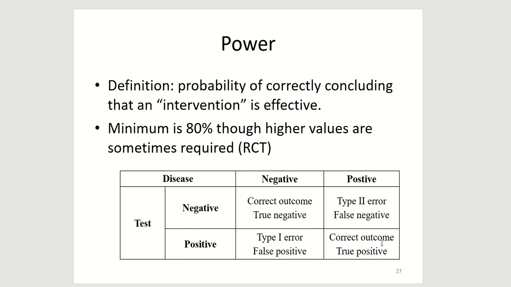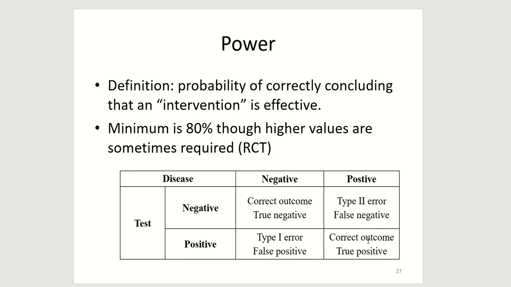So in research, if an effect really exists in real life, and your statistical analysis was able to detect that effect, then this is power. So power is the probability of correctly concluding that an intervention is effective. Maybe I should say efficacious, it doesn't matter.